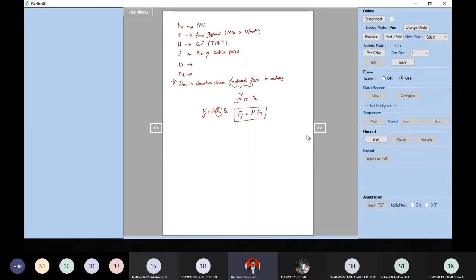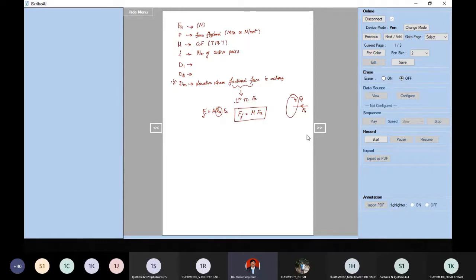Frictional force will always be perpendicular. If I have a plate here and you are applying a force FA in this direction, the frictional force will act in the other direction, tangential to it. This will be F. These are the notations we'll be using.